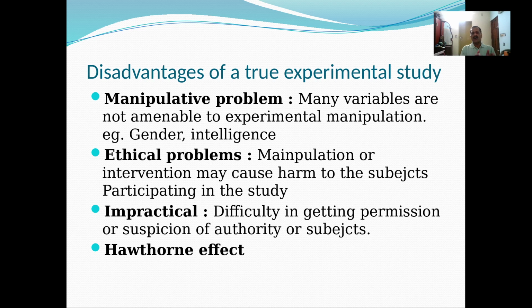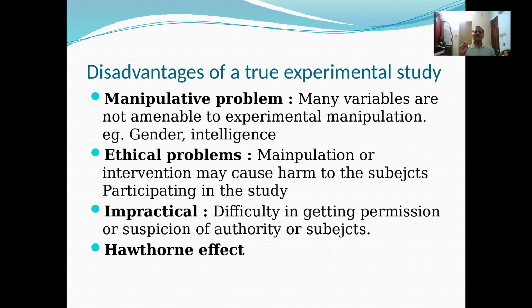And we'll see how many of them develop lung cancer and at which period of time. So this is the actual true experimental design. But can we say whether this is ethical? These types of ethical issues are there which hinder a true experimental design. In that case, we cannot do a true experimental study because of the ethical problem.